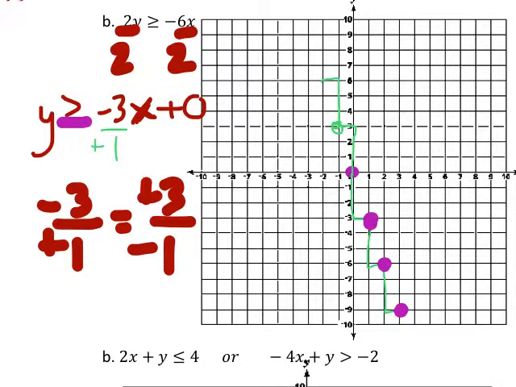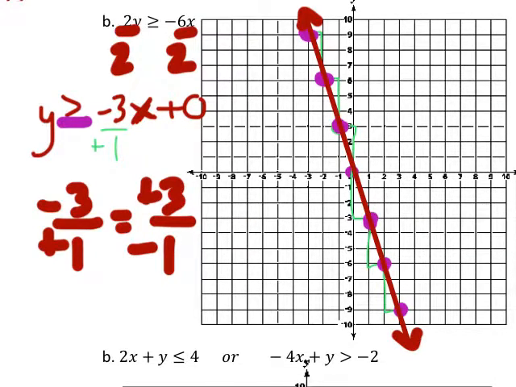Up 3 to the left 1, up 3 to the left 1, and we have these points. So now that we have those, we can make our solid line. Again, it's solid because it's also equal to. All right, so there's our line.